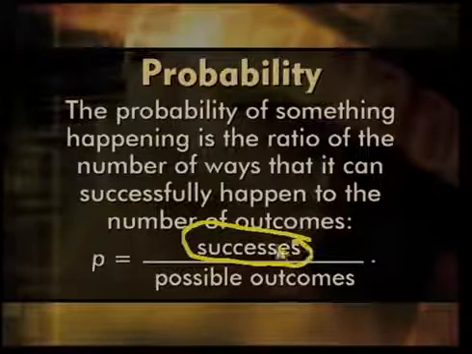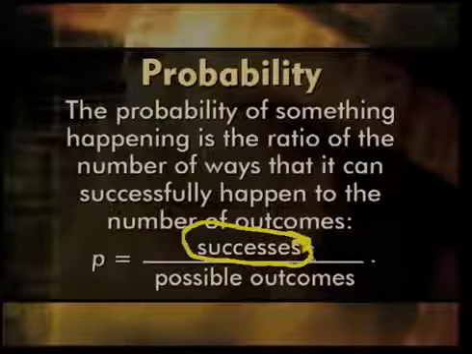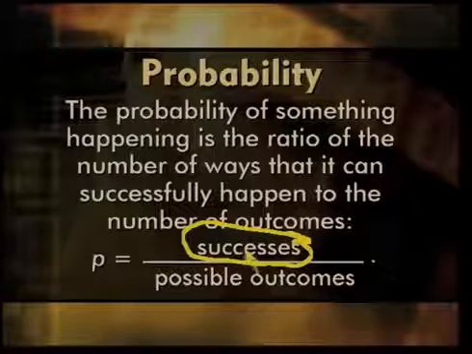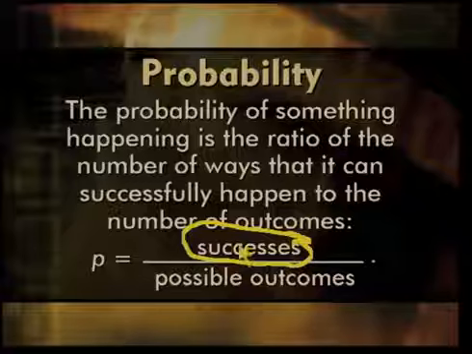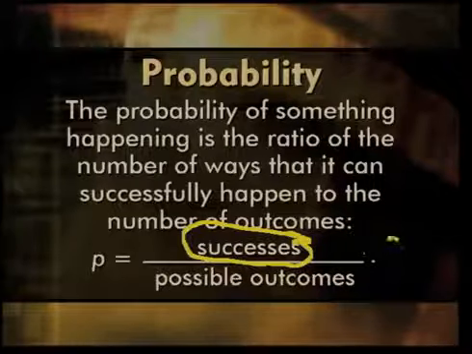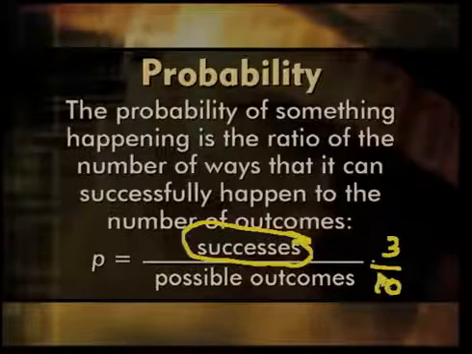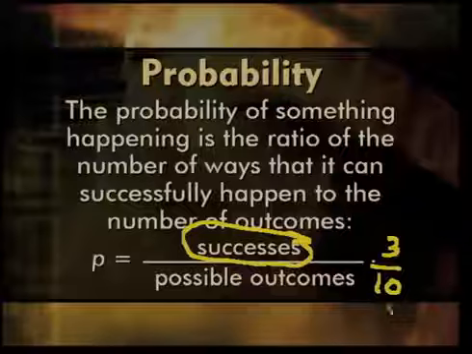Now, you may not think it's success if you're trying to have a pool party in your yard, but if you're trying to moisturize the ground and everything, then yeah, you want that. So, 3 out of 10 times. And we often express that probability as a percent. So that would be our 30%.